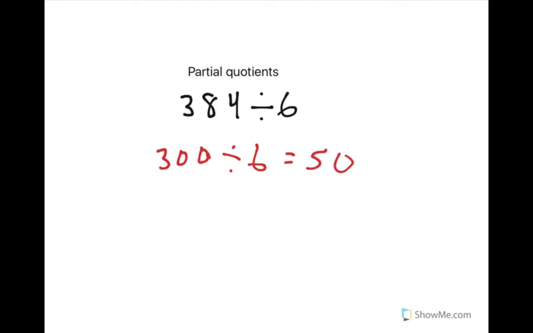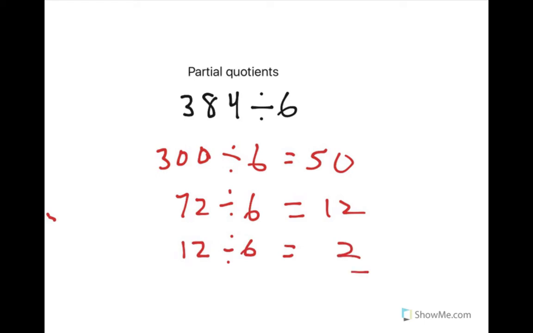So I've got 84 left. 6 times 12 is 72, so 72 divided by 6 is 12. So I've got 372 and there's 384. I've got 12 left. 12 divided by 6 is 2. So the answer here should be 50, 62, 64.